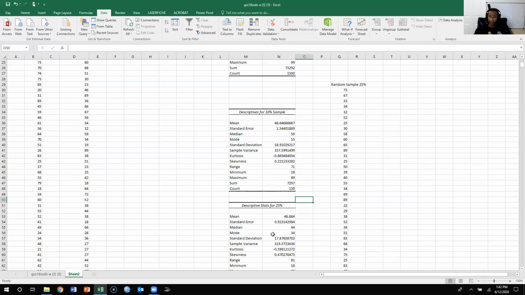And then the standard error for this sample, which is getting 25% of the 1,500, gives you standard error 0.92, which is actually smaller. So when our N increased, our standard error is smaller. We're having less dispersion and less variation in the sampling distribution. So this is how you sample using Excel.